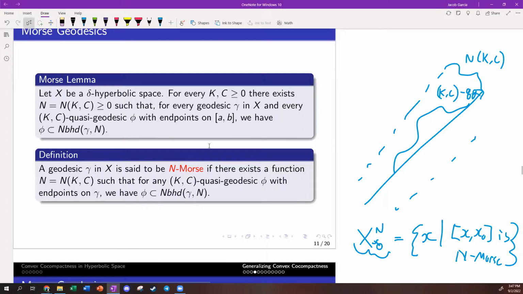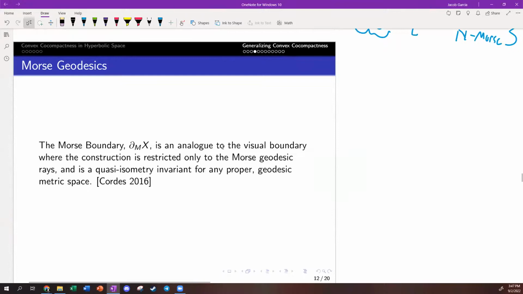And we can construct a Morse boundary, which is analogous to the visual boundary, by taking a direct limit. The Morse boundary is just going to be equal to the limit of all of the visual boundaries of these Morse strata at a point, as you make the Morse gauge bigger. And Cordes showed in 2016 that this is a quasi-isometry invariant for any proper geodesic metric space, which is excellent.